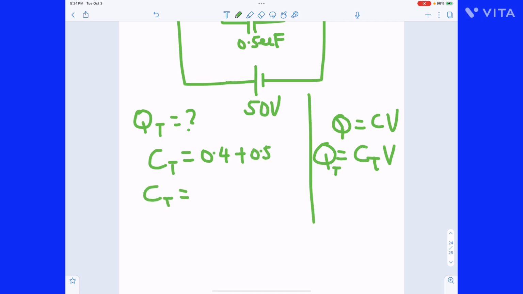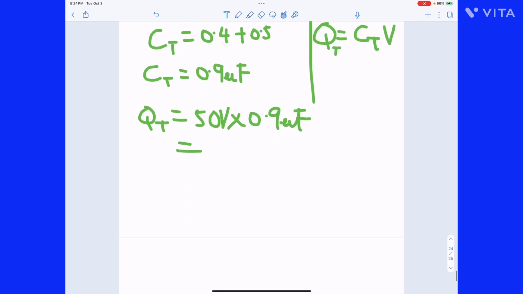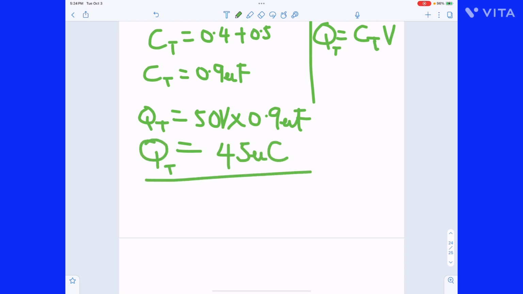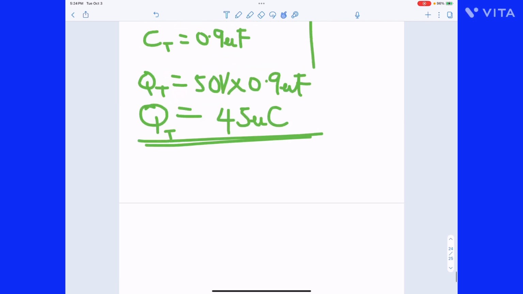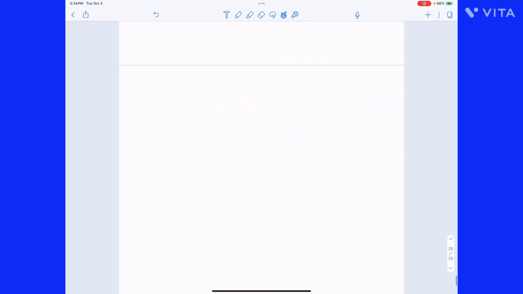So total capacitance will be 0.9 microfarad. So the total charge will be 50 volts times 0.9 microfarad, and that will be 45 microcoulomb. The total charge stored by the two capacitors is 45 microcoulomb.